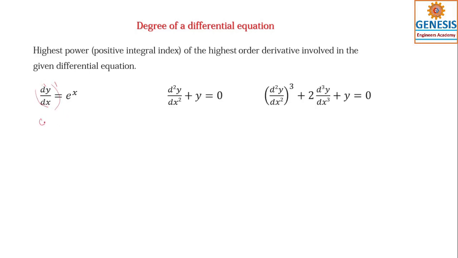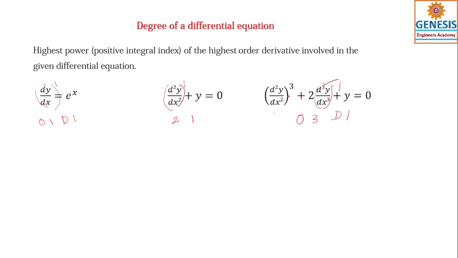So order is 1 and degree is 1. In this case the index is 1, so the order is 2 and degree is 1. In this case the order is 3 and its power is 1. So order is 3 and degree is 1.